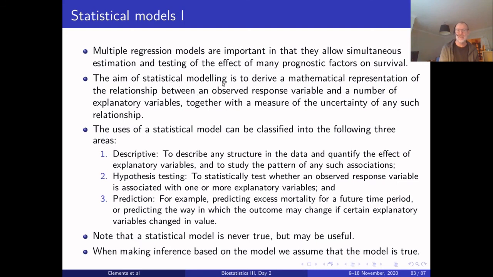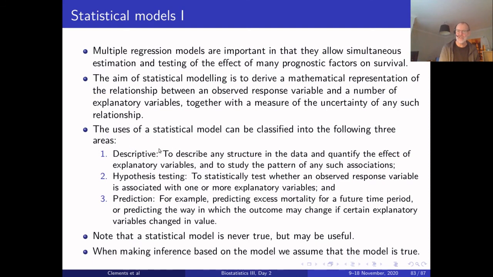And the aim of the modeling is to derive a mathematical relationship of those relationships together with a measure of the uncertainty. And broadly speaking, statistical models can be used in 3 areas.